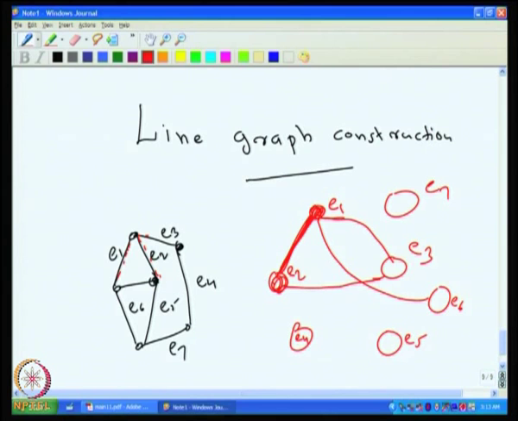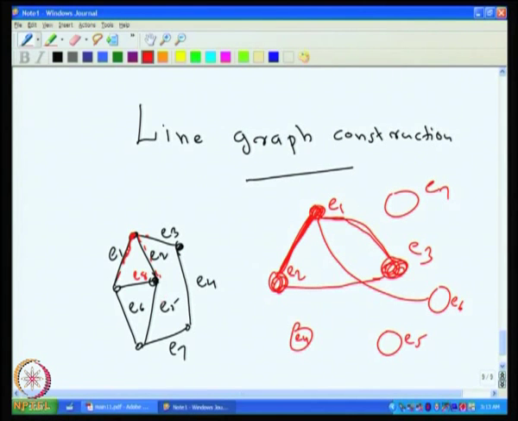And similarly, you consider E3. E3 and E1 are adjacent because they are incident on the same vertex. So, I put an edge between them. Similarly, E6 and E1 are adjacent.